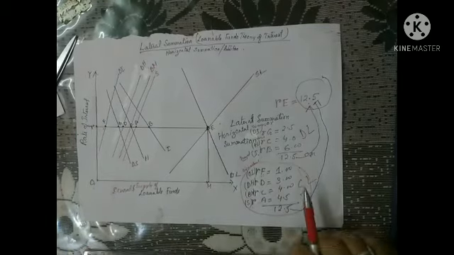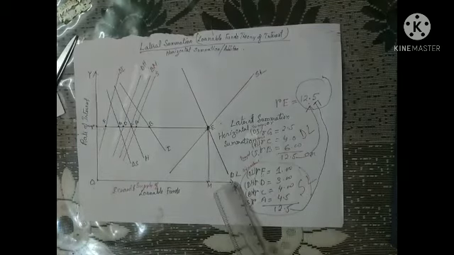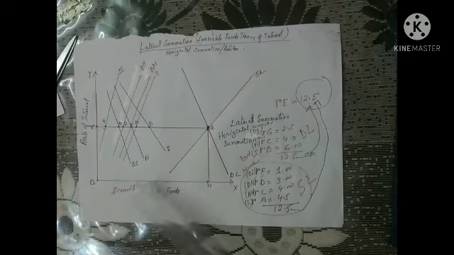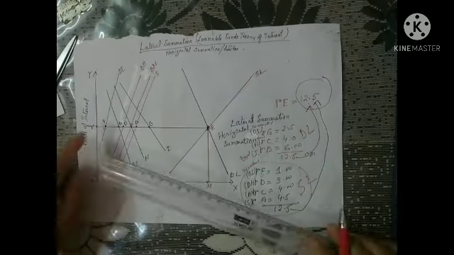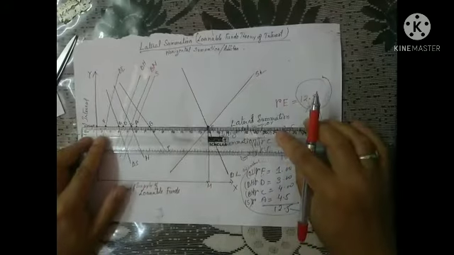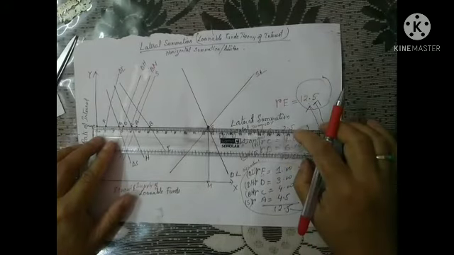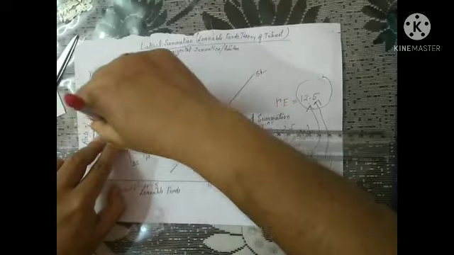Next, we have already drawn DL and SL. Next, make this line first, and it will come out to be 12.5 centimeter.